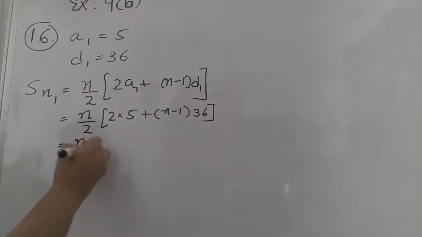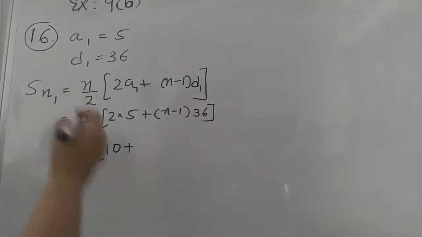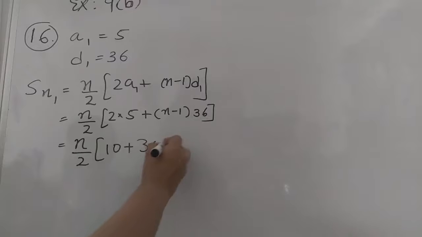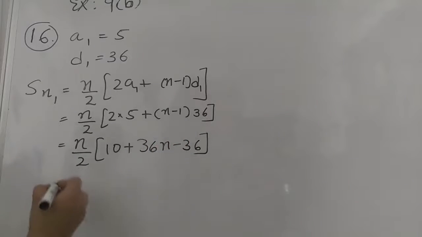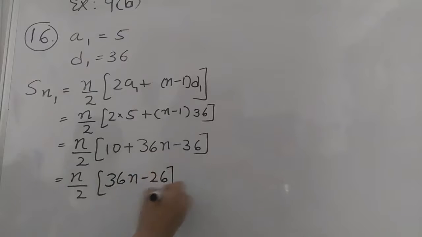So n by 2 as it is, 5 twos are 10 plus 36n minus 36, in the bracket. Now n by 2, then minus 36 plus 10 will be minus 26.